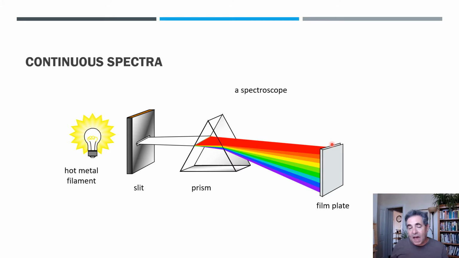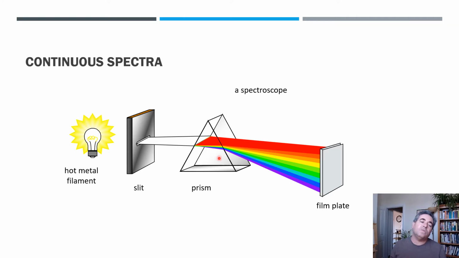If white light passes through a prism, the red light does not get bent as much as the violet light does. So it has something to do with the wavelength. The longer the wavelength, the less it gets bent when it goes through the prism. The shorter the wavelength, the more it gets bent. So you're essentially separating out the different wavelengths of light that are all mixed together in white light here.